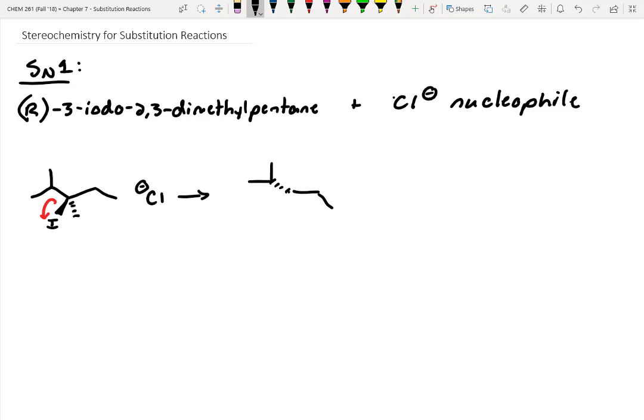Oh my goodness. Let's see if I can do this. All right, so if we think about it, oh man. I'm trying to think of a good way of showing this. I think I was outsmarting myself here. I'm going to actually redraw the starting material.